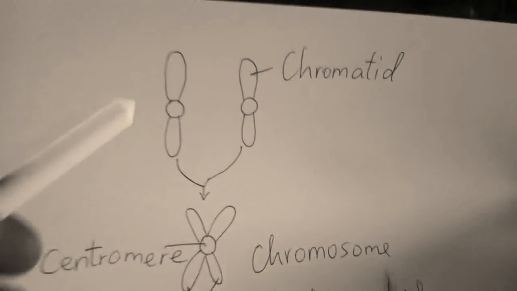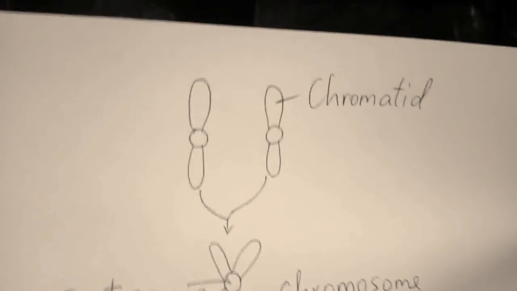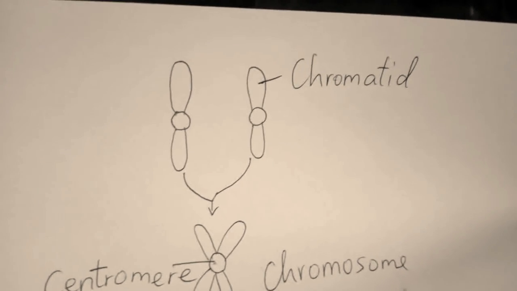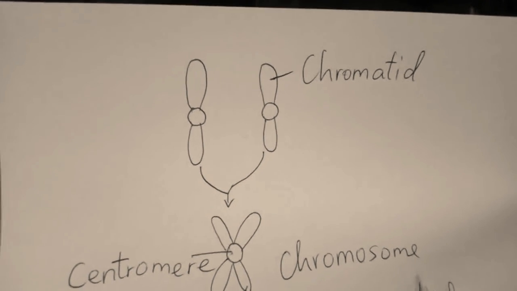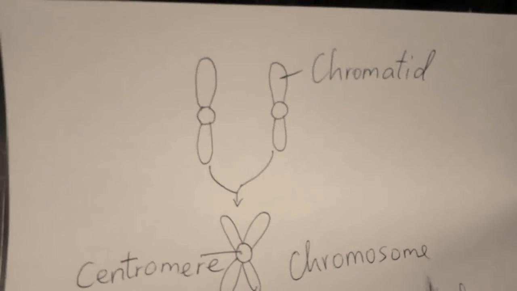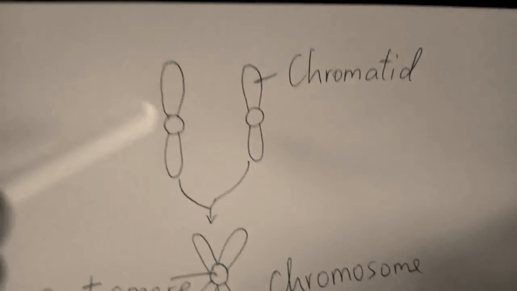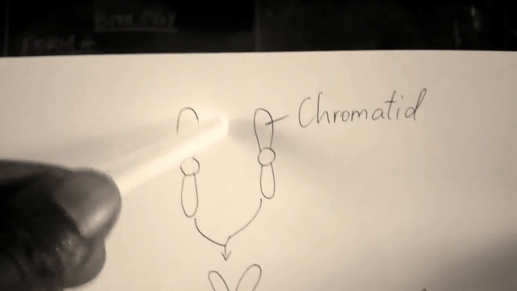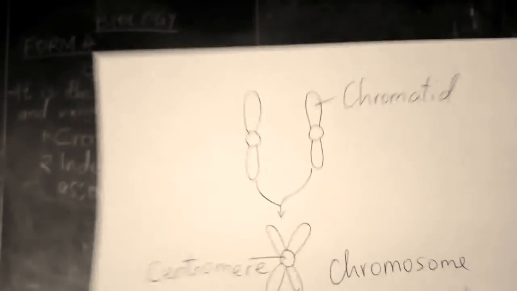A chromosome that appears as a single strand is referred to as a chromatid, and it is defined as a single strand of chromosome which has not yet replicated. Replication is the process of multiplication. When this one remains in this manner, it may end up multiplying so that it forms a chromosome.